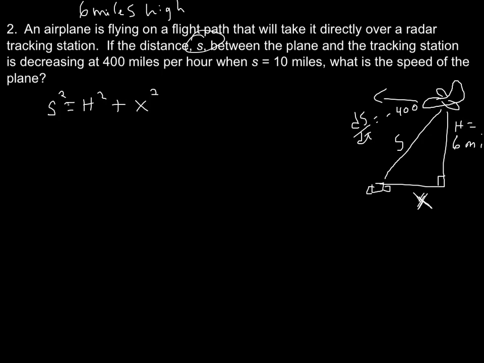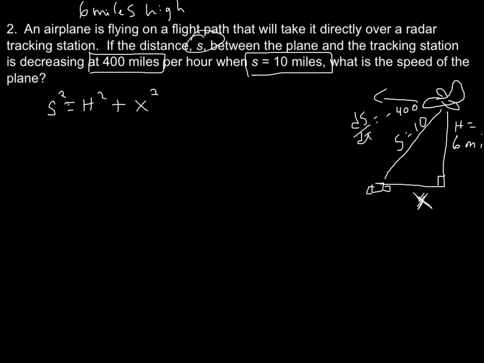I can go ahead and find this distance because I know from the last problem that I'm going to end up needing it to put into the derivative. So I can go ahead and find X. We'll have to use the part of the problem that tells us the distance from the airplane to the tracking station is 10 miles. That's our when. And our given is the speed at which the distance is decreasing, that negative 400 miles per hour.